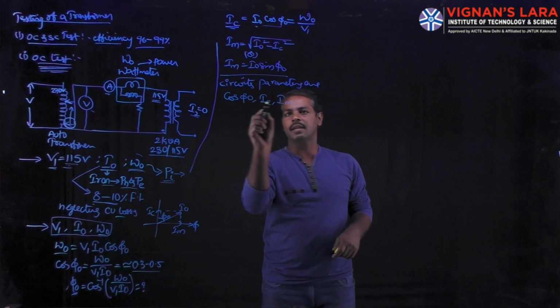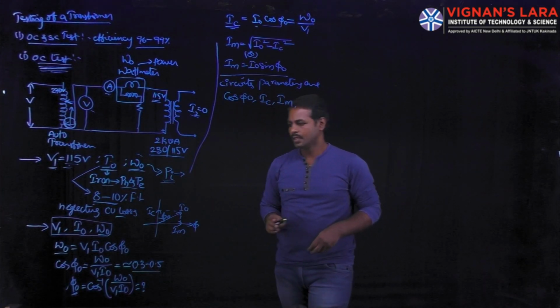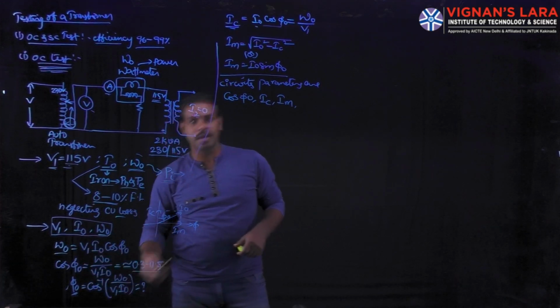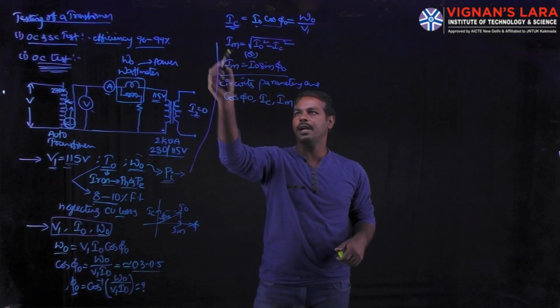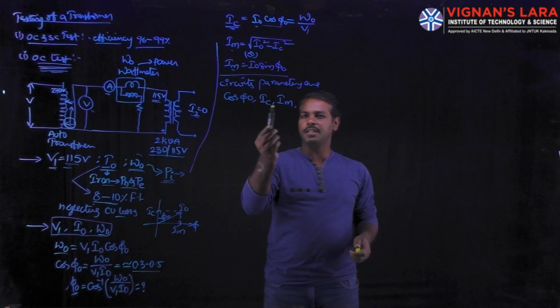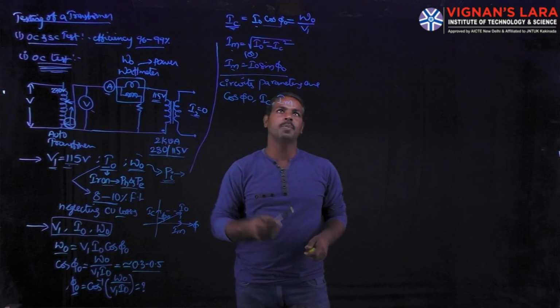So these are the three values. W naught, cos phi naught, phi naught, the core loss component and the magnetizing component are the parameters calculated from the open circuit test.